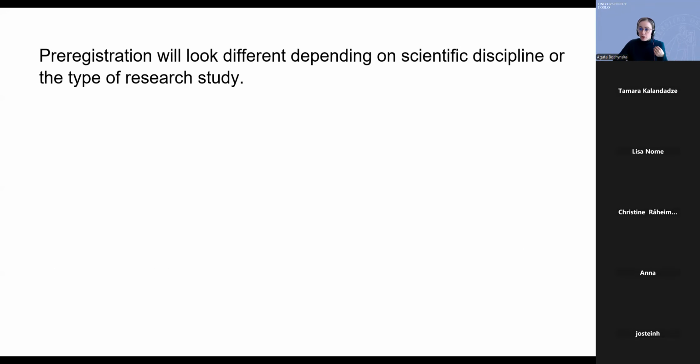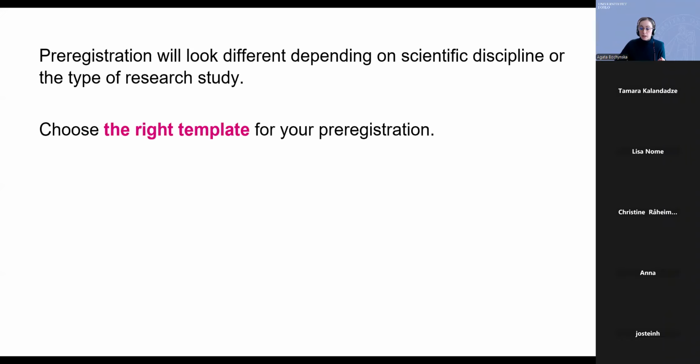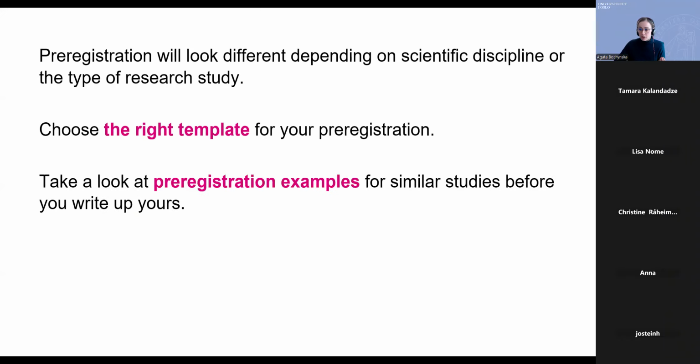Now, pre-registration will also look different depending on your scientific discipline and the type of research study. And we have a lot of health research people here, but also lots of neuroscience folks or other disciplines where you might have very specific templates for pre-registering your studies, and choosing the right template is really important.